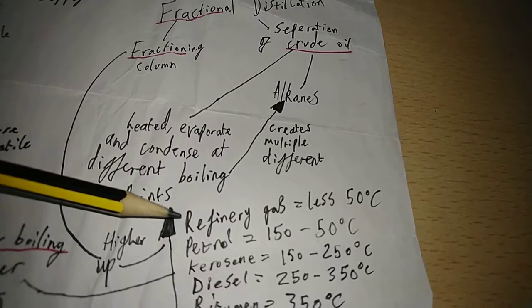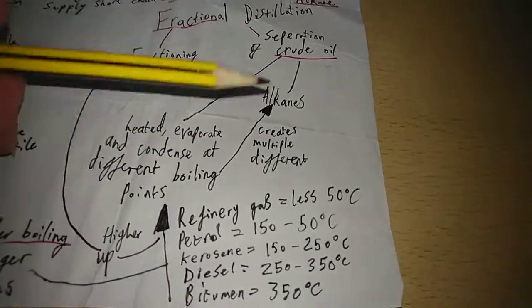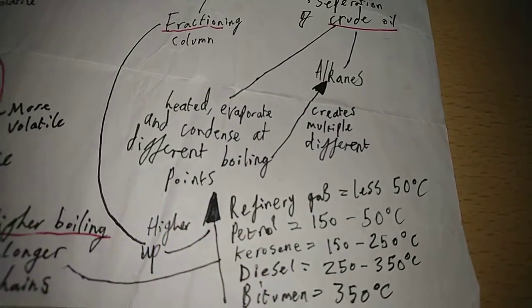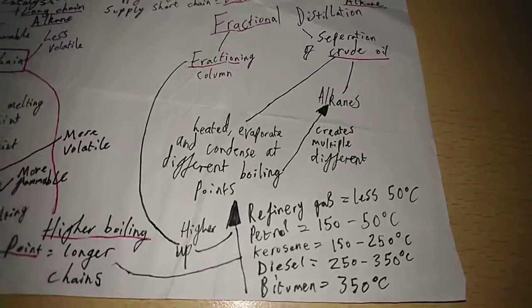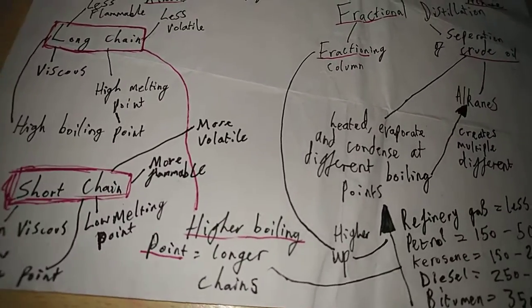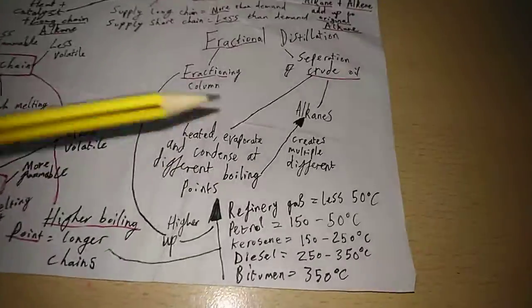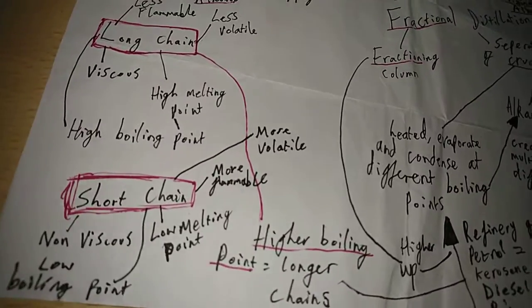Refinery gas evaporates first, then petrol, then kerosene, then diesel, and bitumen. You might need to remember these names and the temperature groups. The higher the boiling point, the longer the chain, so bitumen has a much longer chain than refinery gas.